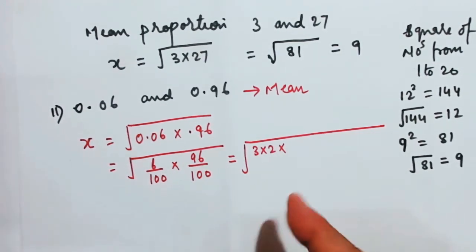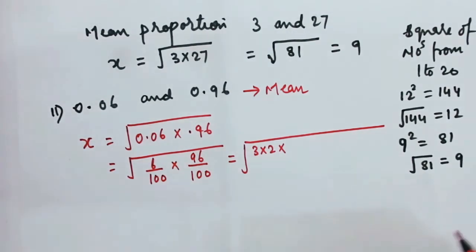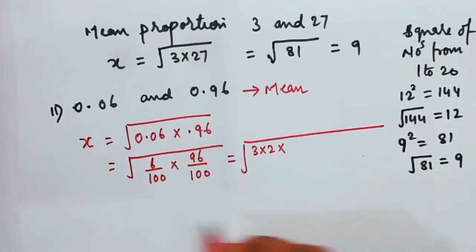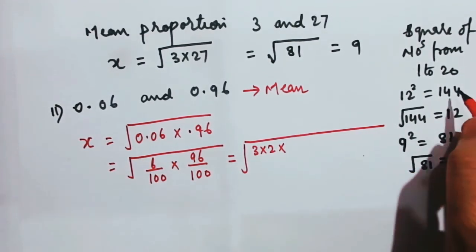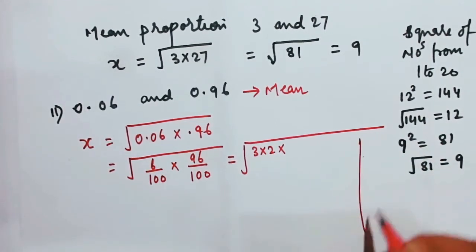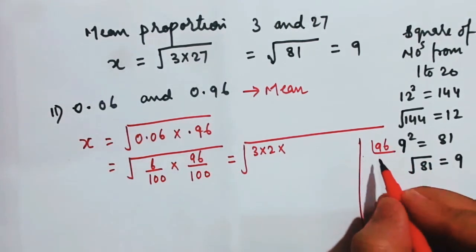Let us find the factors of 96. It will be better if I find it over here, there is no space here and you will not be able to see.